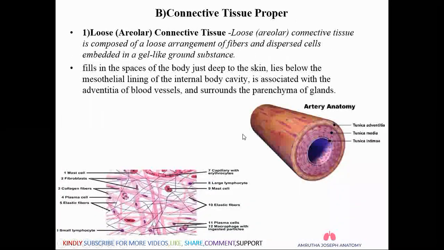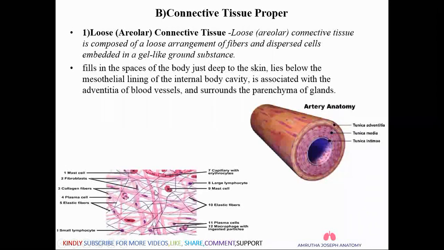Now coming to the broad classification, that is connective tissue proper. The first one in that is loose areolar connective tissue. As the name suggests, this connective tissue has a loose arrangement of fibers and dispersed cells in between. So it looks like this. There are different types of fibers and different types of cells, and there are a lot of spaces, and the fibers are arranged very loosely.